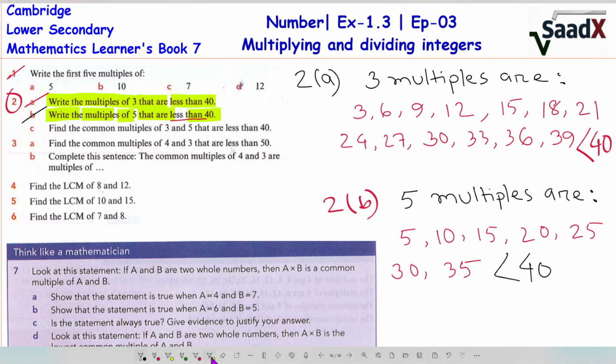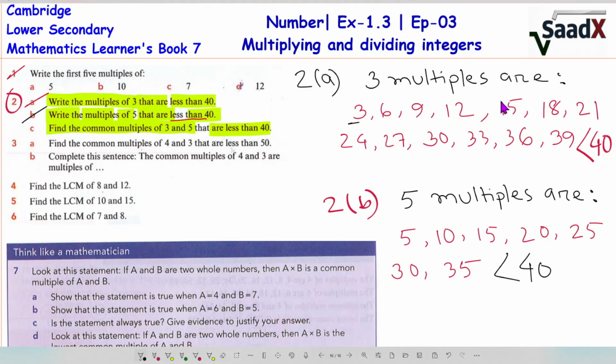Number C, find the common multiples of 3 and 5 that are less than 40. So we have to find out, 3 is in here, but here is no 3. So which one is common? 3 is not available, 6 not available, 9 not available, 12 not available.